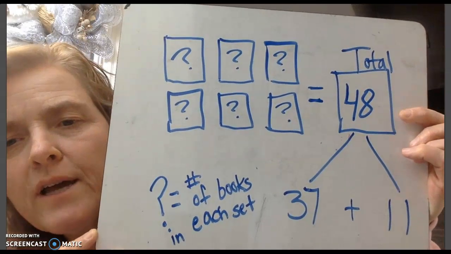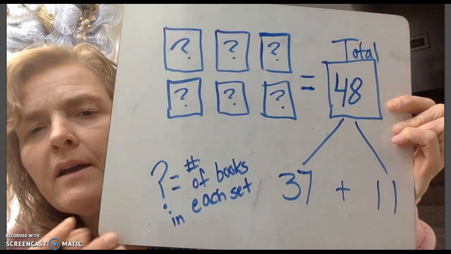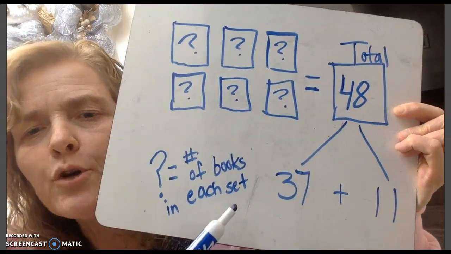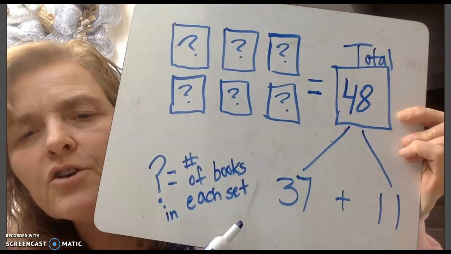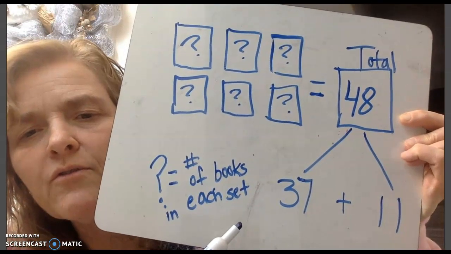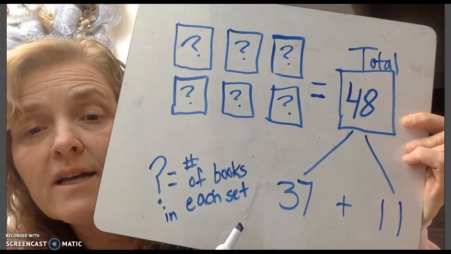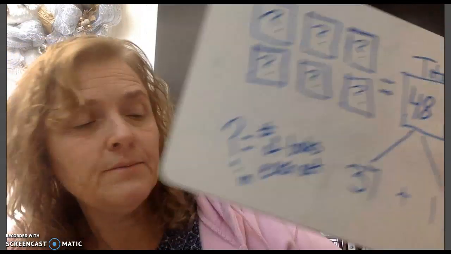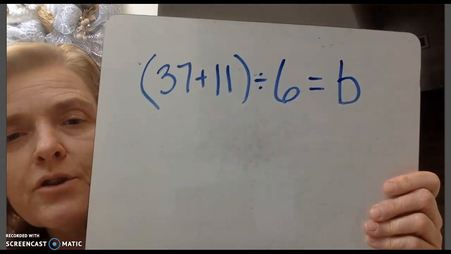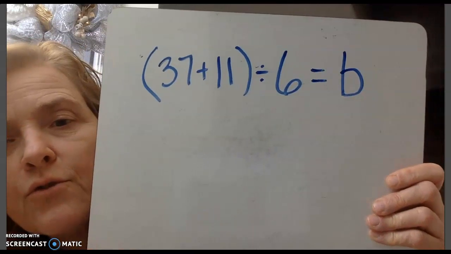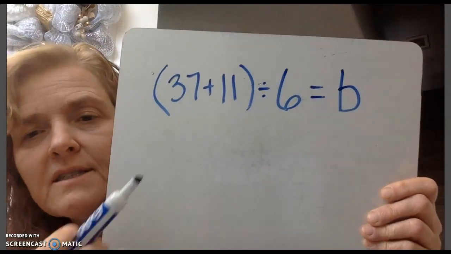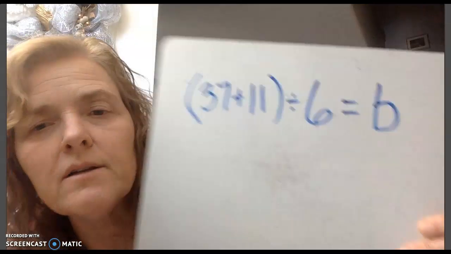Okay, so if 48 is our total, then I need to know the question mark represents the number of books in each set. So let's use a variable, maybe B for books in each set. Let's change the question mark to the letter B. Let's change that to 37 plus 11, which is our 48, divided by 6, will equal the number of books in each one.